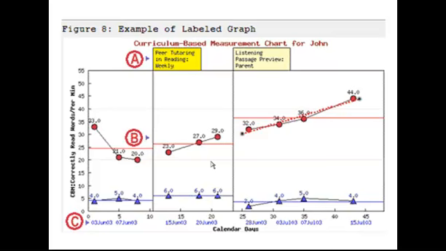Now, let's look at some of the different areas. We've got phase changes right here. That's what these vertical lines signify. And then we have the peer tutoring weekly, and as you can see, we've got the labels for each phase change.